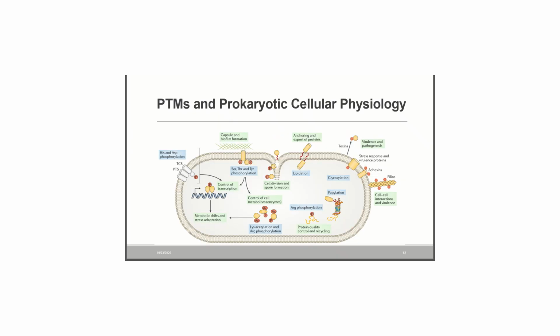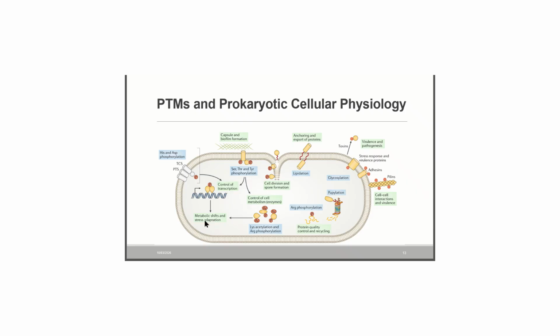For the post-translation modification and the prokaryotic cellular physiology, as you can see here, post-translation modifications in prokaryotes regulate three important functions: metabolic adaptation, stress response, and virulence mechanisms. These are very important regulatory mechanisms.